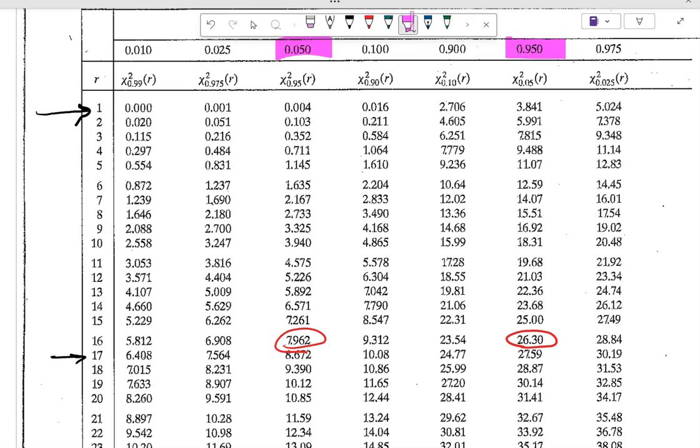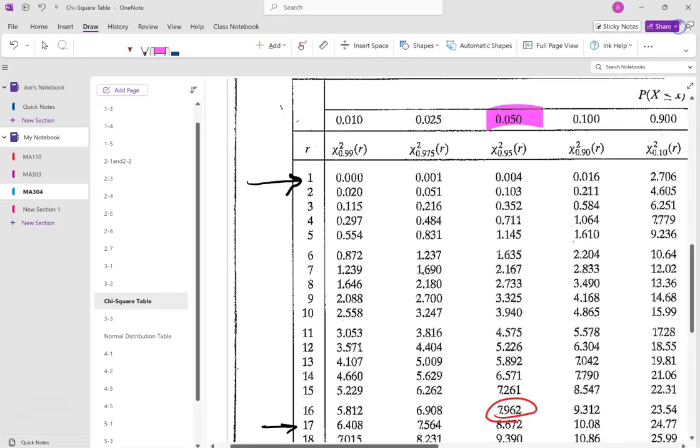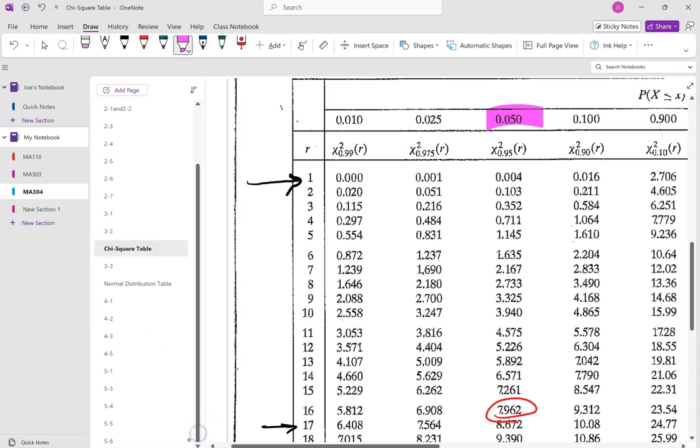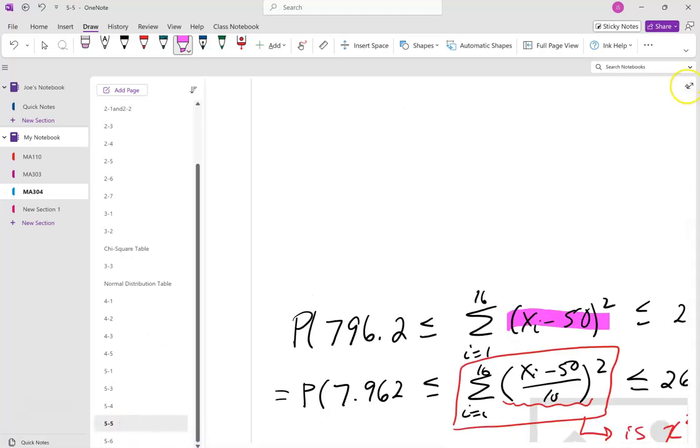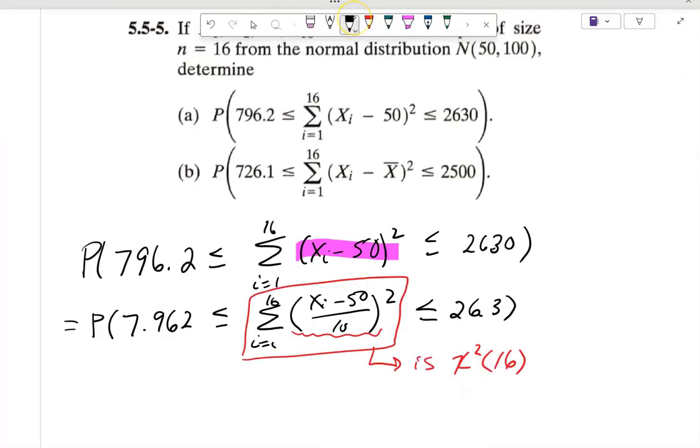Yeah, subtract those two values, right? Find the values in the table and go back up to find the corresponding probabilities, right? So going back over here to where we were, this will be 0.95 minus 0.05, which will give us 0.9.